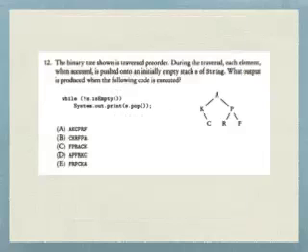Okay, let's check the last question of this video. It's about our concept of the traversal content in the pre-order traversal. So during the traversal, each element when accessed is pushed onto an initially empty stack as S. And what output is produced when the following code is executed?